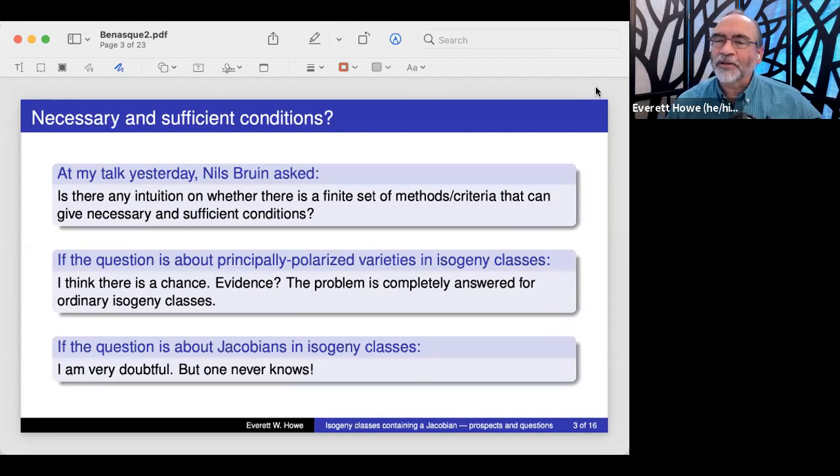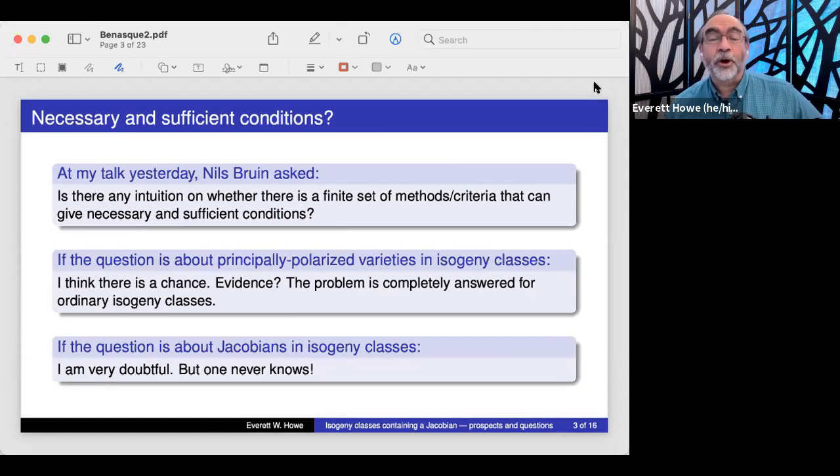With principally polarized varieties in isogeny classes, my intuition would be that yes, there is some kind of chance, and the only evidence I have is that the problem is completely answered for ordinary isogeny classes. If somebody gives you an ordinary isogeny class, there is a procedure you can go through that will determine whether or not there is a principally polarized variety in it. And more recently, as was mentioned yesterday, there are also techniques for answering the question for some non-ordinary isogeny classes.